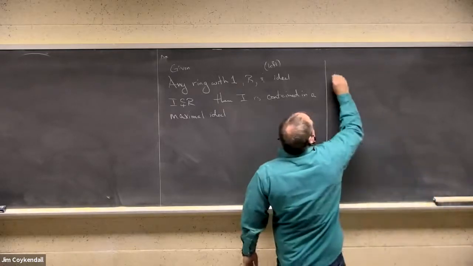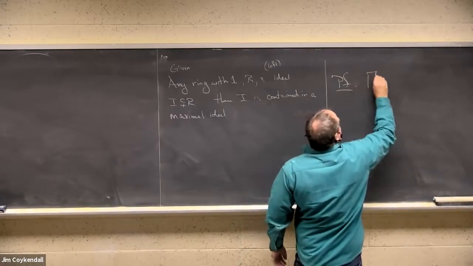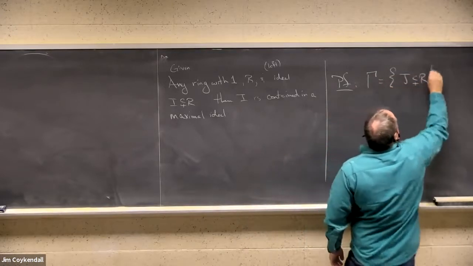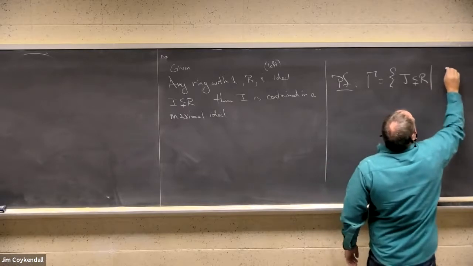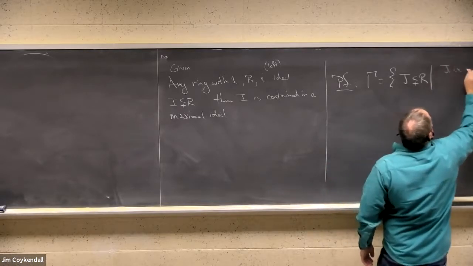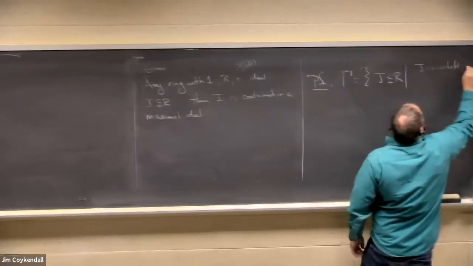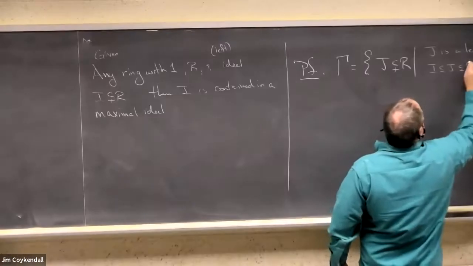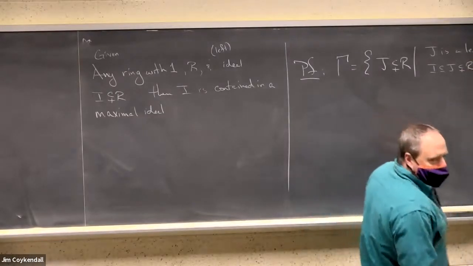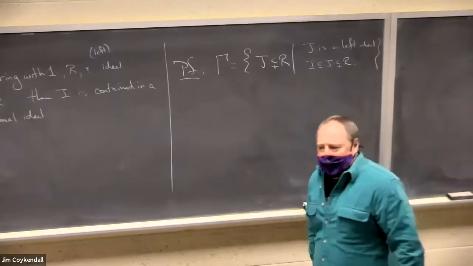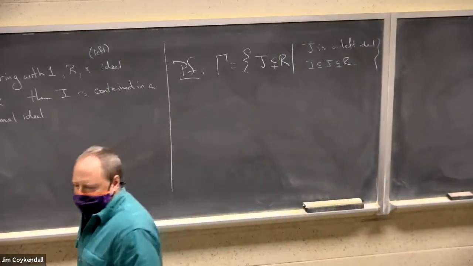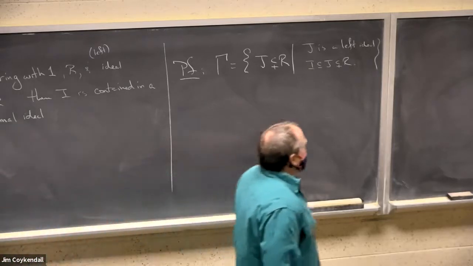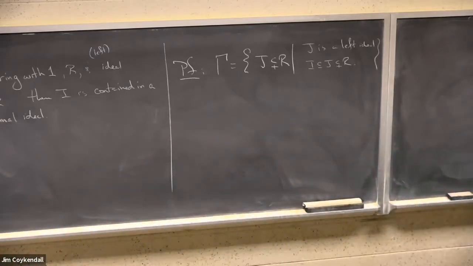So what we do first is gather up a partially ordered set, or as some people call it, a poset, of the collection of ideals, or left ideals.